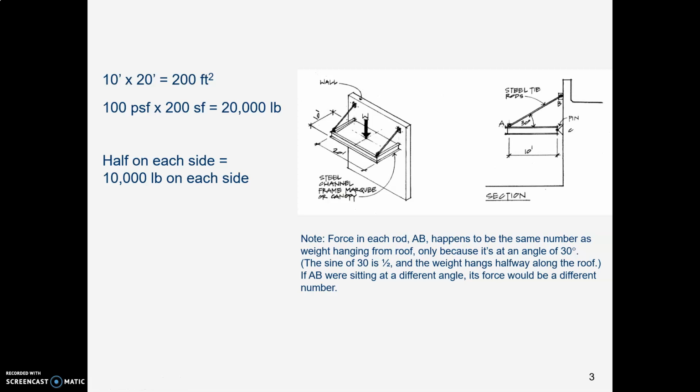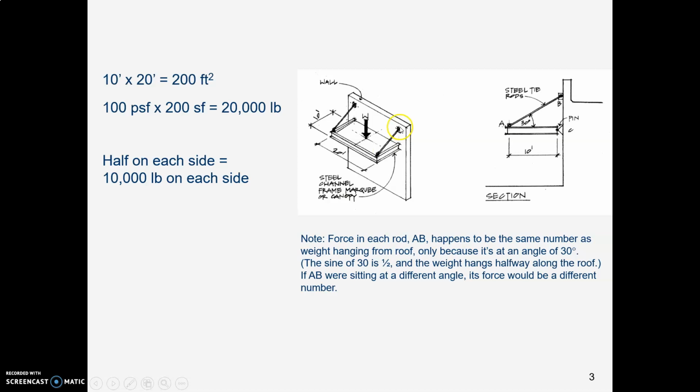Here we are again, we're talking about feet rather than inches. That's okay. So we have 100 pounds per square foot of load on 200 square feet, so 100 on each square foot times 200 square feet means we have a total of 20,000 pounds hanging off of these bars. That's the total load of the roof and the snow.